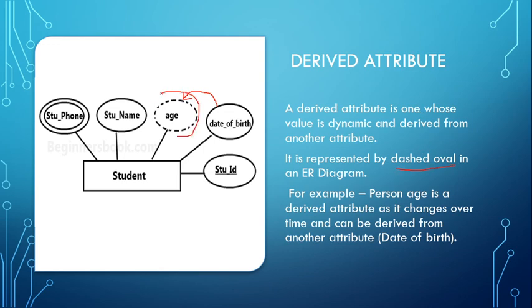This is a derived attribute which will get the information from date of birth, and it changes over time, derived from another attribute called date of birth.